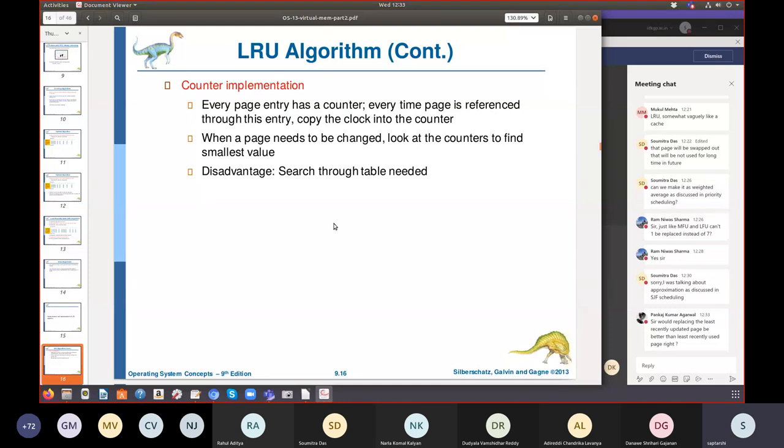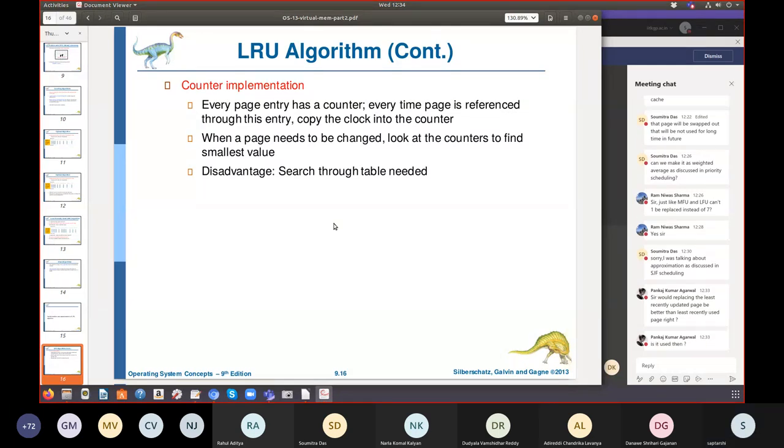Pankaj is asking, would replacing the least recently updated page be better than the least recently used page? Yes, it's possible. Here you are making a distinction between read and write.